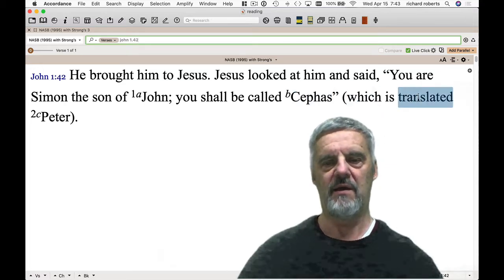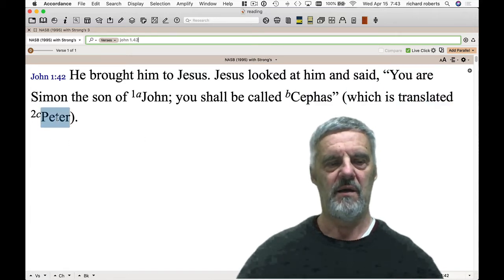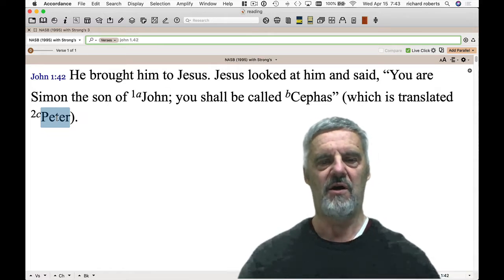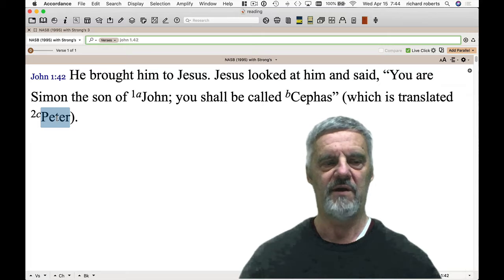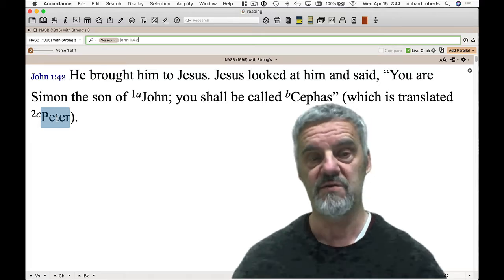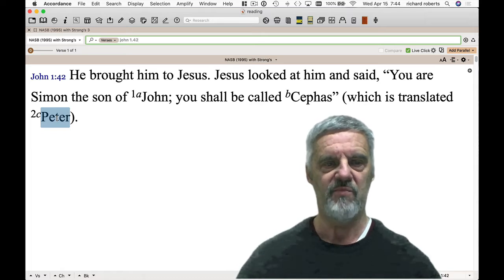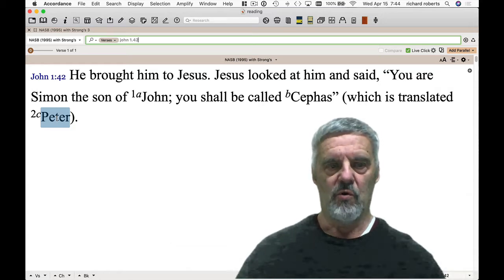And then John retranslates it for us out of Aramaic into Greek. So Simon, the son of John, given the Aramaic name Cephas for rock, is retranslated into Greek as Petros for rock. Again, this word is never used as an attribute of God or as an image of God in the Old Testament. There are 2 other words.